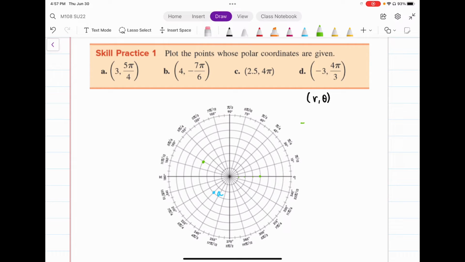So if you think about it this way, if you have negative 7 pi over 6 plus 2 pi, that's going to give you 5 pi over 6. That's the same angle in positive. That's a coterminal angle. So that is point B, an r value of 4 and an angle of negative 7 pi over 6.